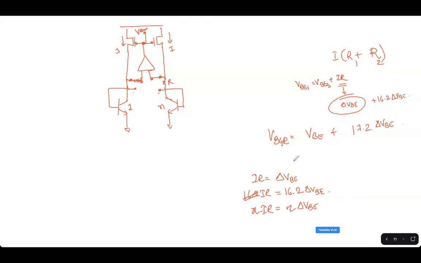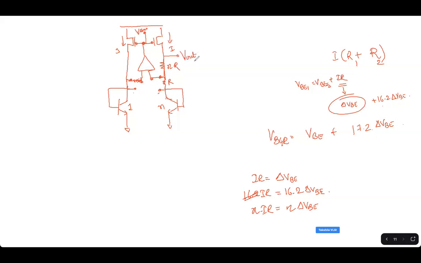So what if I add a resistance here, which is n times R, whatever the gain you want to have, let's say it is maybe 16.2, maybe 17.2, whatever it is, it depends on what is the ratio that we get in your technology, right? And now, what is the voltage here?